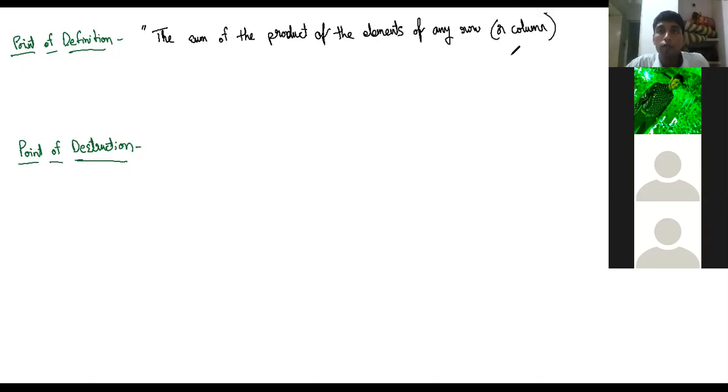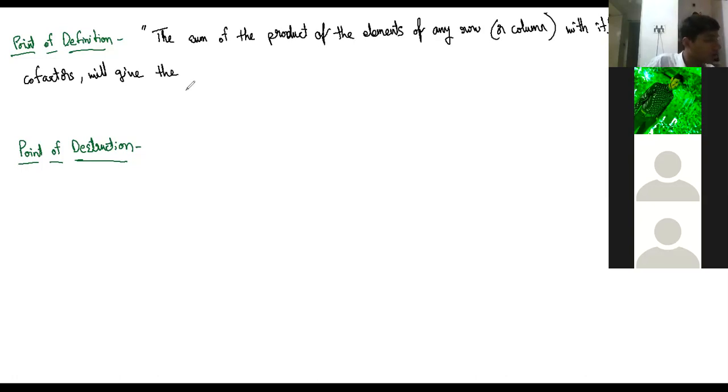The sum of product of the elements of any row or column with its corresponding cofactors will give the value of the determinant of that matrix.